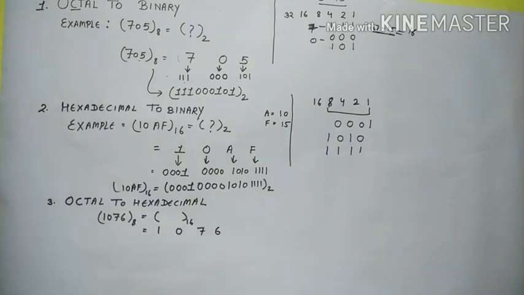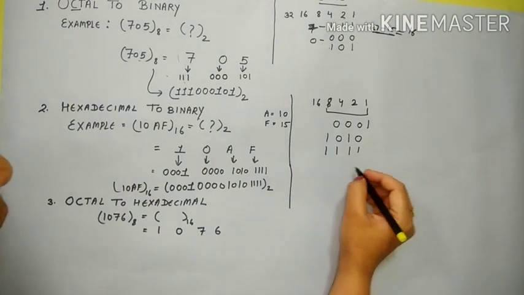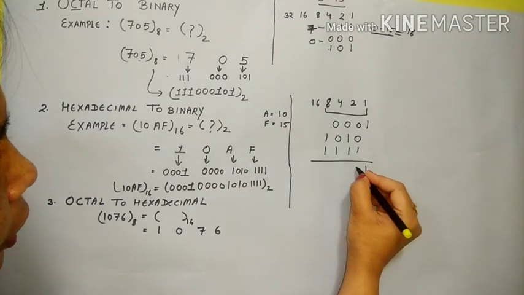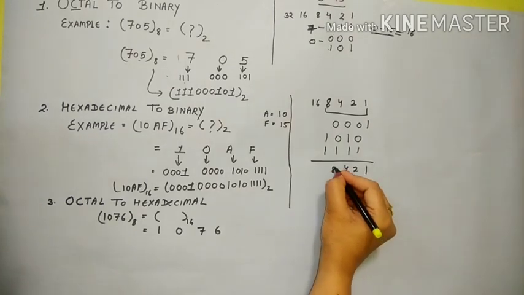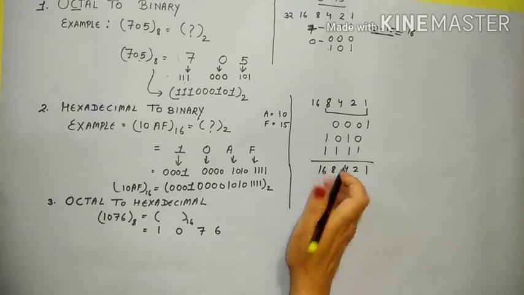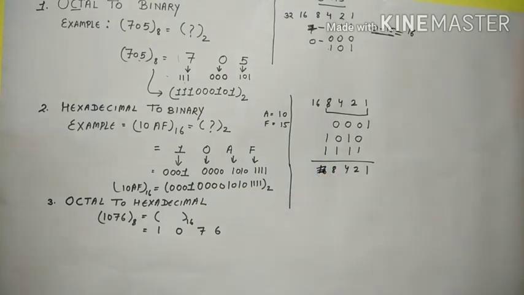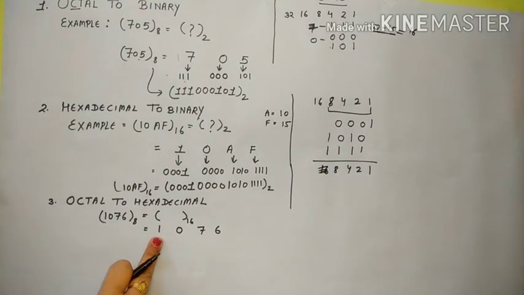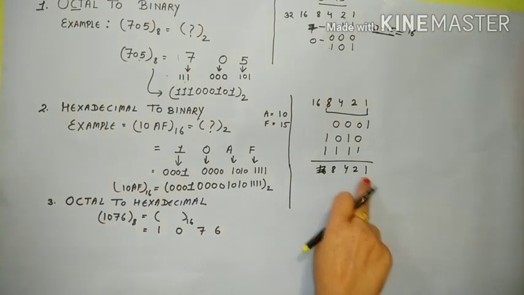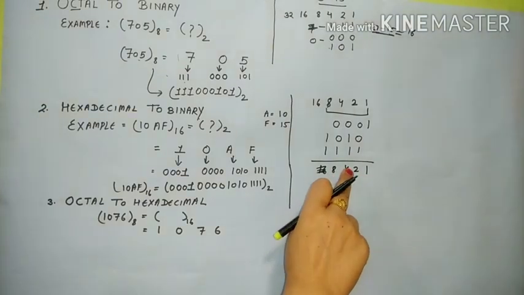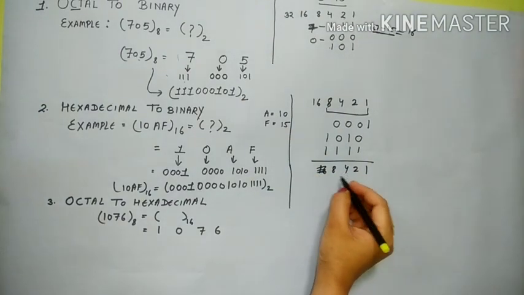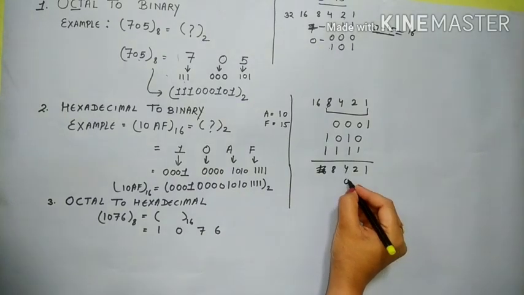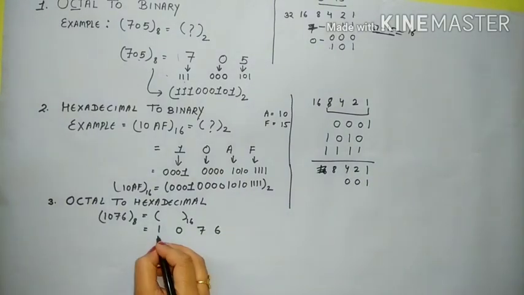1076 written. Now convert every digit to an equivalent 3-bit binary representation by following the same method which I had told. It was 1, 2, 4, 8, 16. 3 bits we need, so 16 is not required here. Okay, so 1, how can we get? By putting 1 here in this part and the rest will be 0. We need 3-bit binary representation as the step told. So here it will be 0, 0, 1.